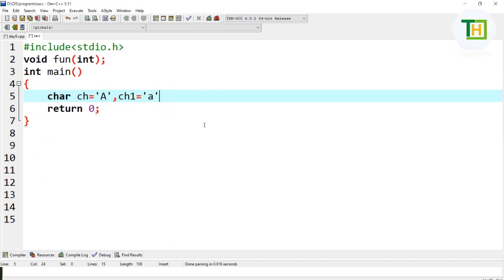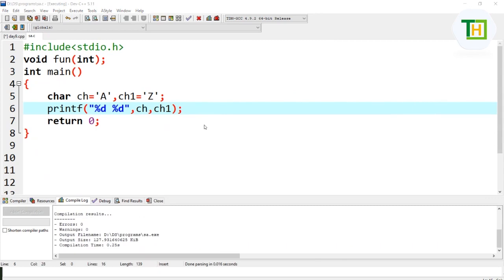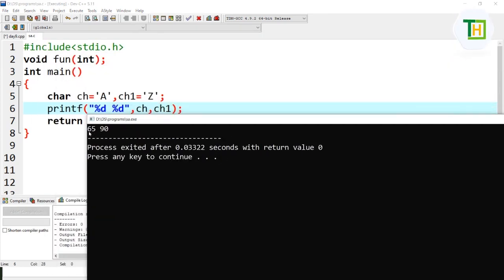And I'm going to print capital Z. Then I'm going to print percentage d space percentage d, CH comma CH1. Just observe the ASCII values. The ASCII values of capital A to capital Z are 65 to 90. 65 to 90 are the capital letters.